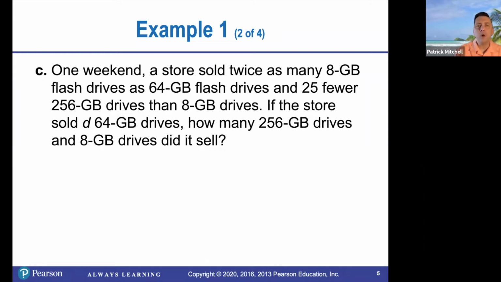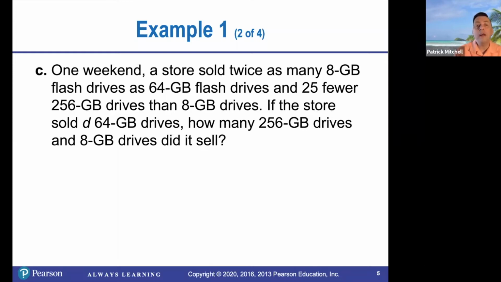If the store sold D 64 gigabyte drives, how many 256 gigabyte drives and 8 gigabyte drives did it sell? Let's pick this apart piece by piece. This is one of those problems where you read it the first time and you might freak out a little bit, but just take it one concept at a time.